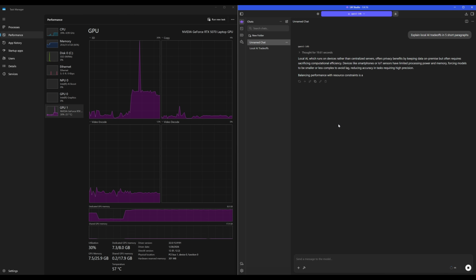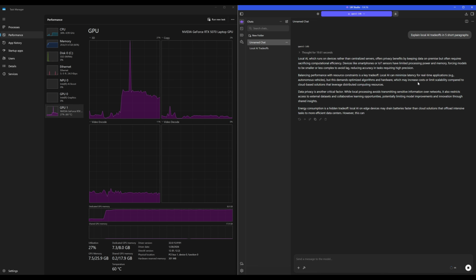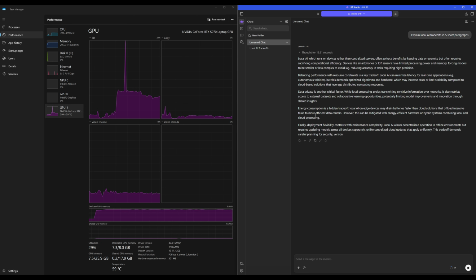You see the total time thinking was 19 seconds, and now we can see how it generated the response. And the result is 14 tokens per second.